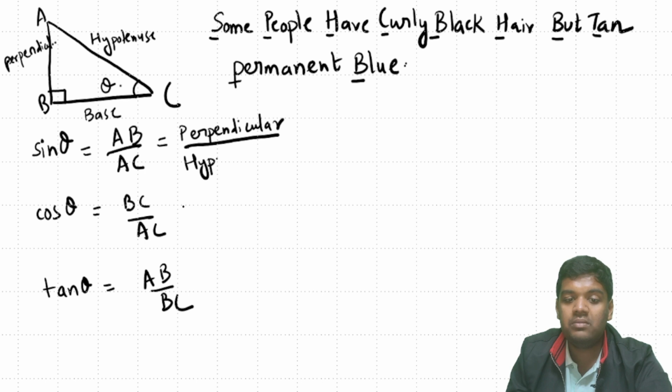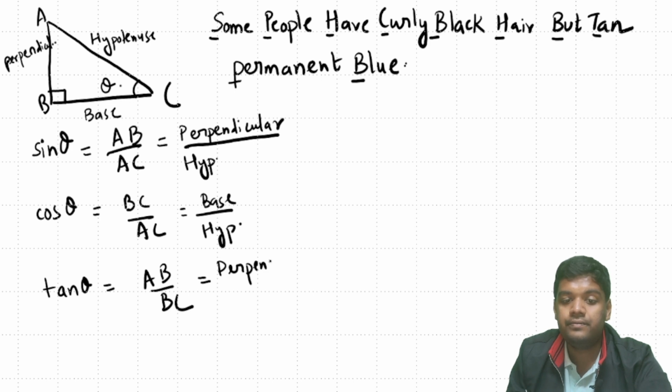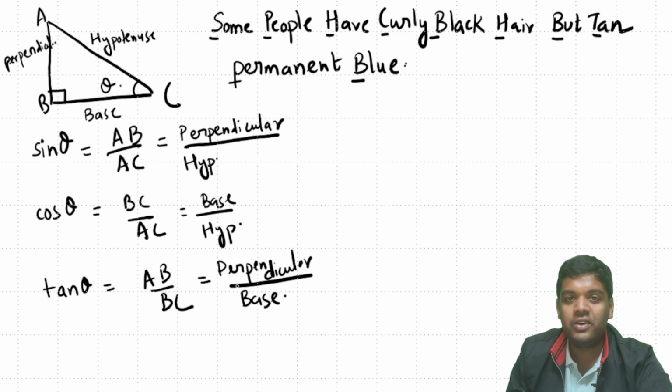Similarly, for cos theta, BC by AC, cos theta equals base by hypotenuse, right? And tan theta equals AB by BC, perpendicular by base. So I think most of you have got this logic now.